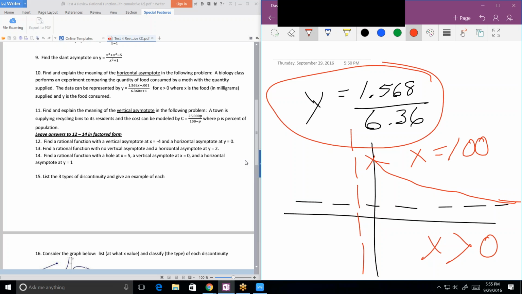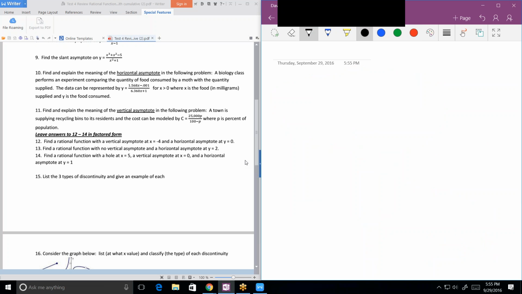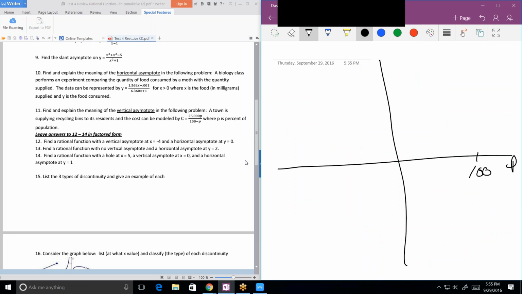Okay? And one thing about vertical asymptotes is they can never be crossed. So we got the P, it's not x, it's P. There's a vertical asymptote right there. There's also a horizontal asymptote that's the ratio of the coefficients, which is huge. It's negative 25,000, right?